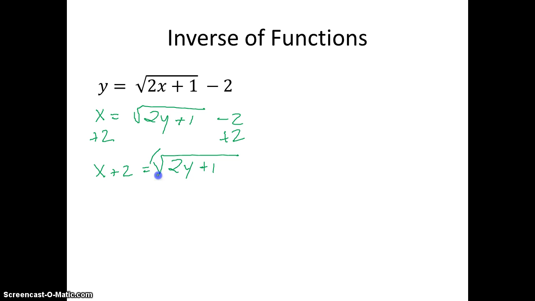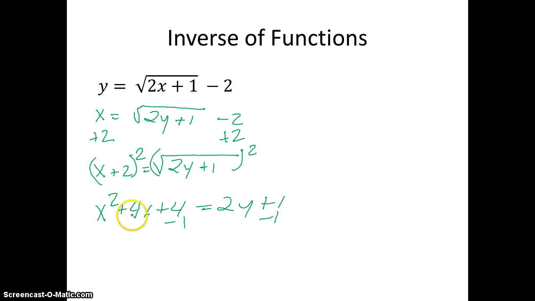Now to get rid of the square root, we square both sides. So that gives me x squared plus 4x plus 4 equals 2y plus 1. Subtract 1 from both sides.